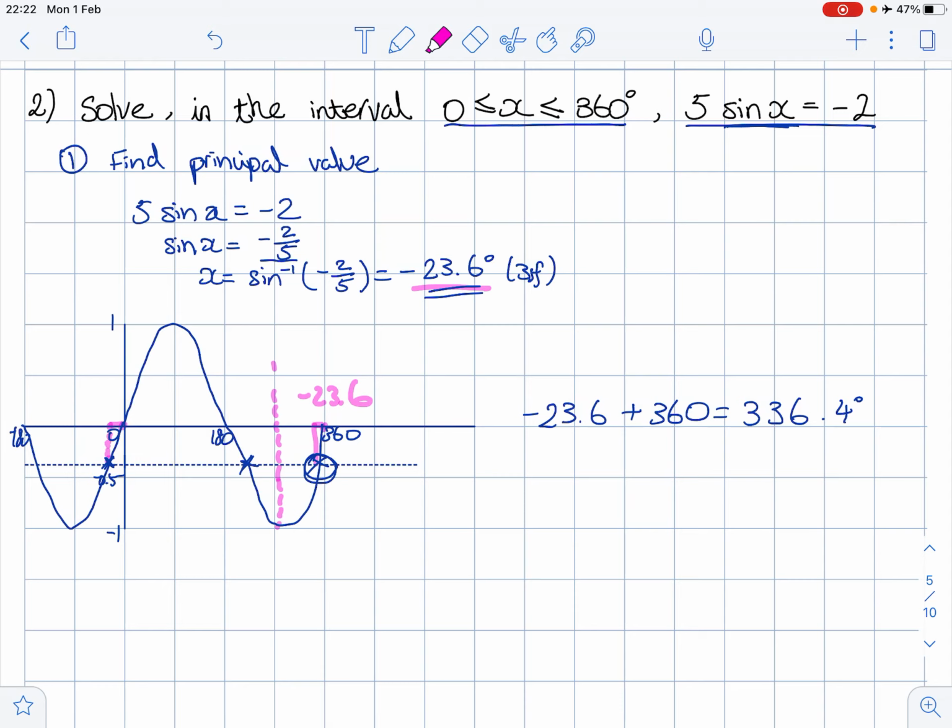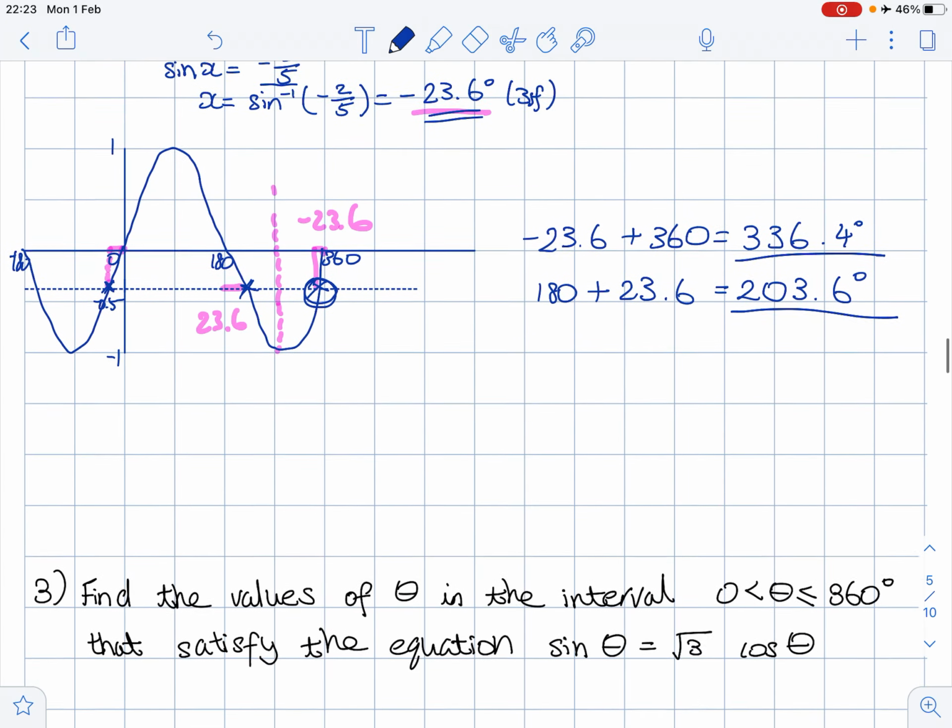Since I know my curve is symmetrical, this part here must also be 23.6. So I need to do 180 plus 23.6, and this is equal to 203.6 degrees. So here are my values between 0 and 360.